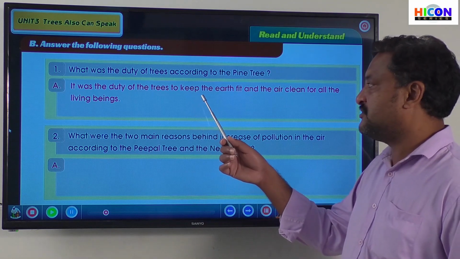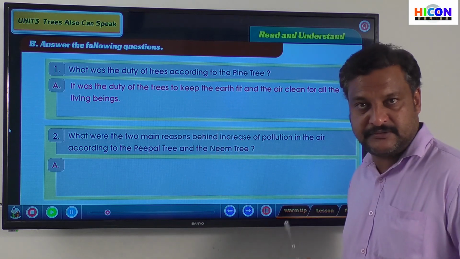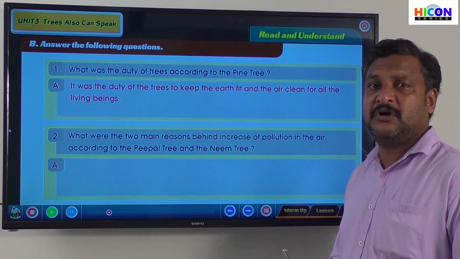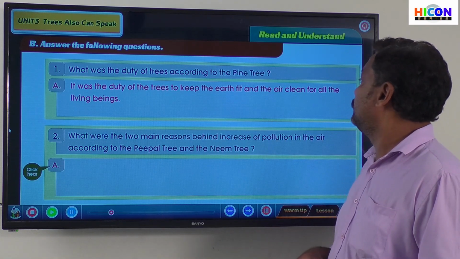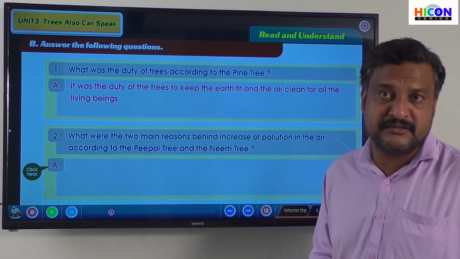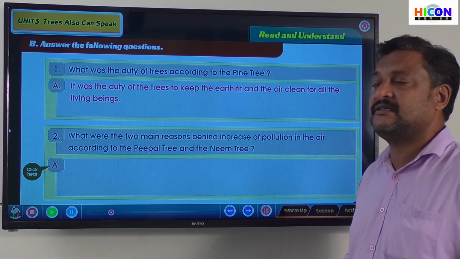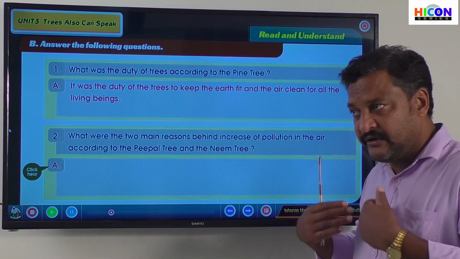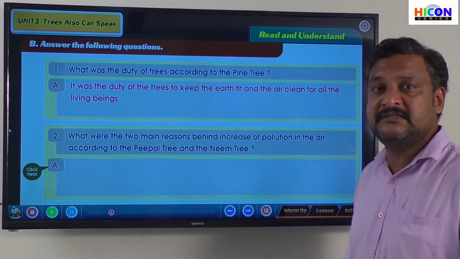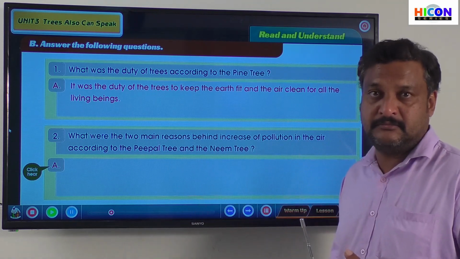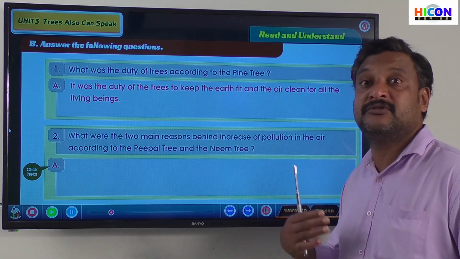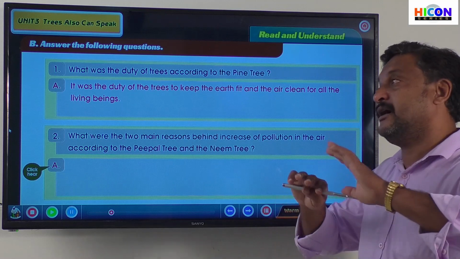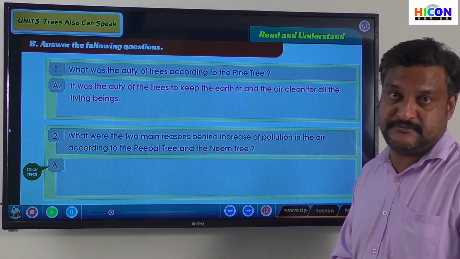It was the duty of the trees to keep the earth fit. Fit means what? Energetic. How? And the air clean for all the living beings. So the carbon dioxide that is breathed out by the animals has to be breathed in by the trees, and they need to leave out oxygen, and the air has to be full of oxygen.